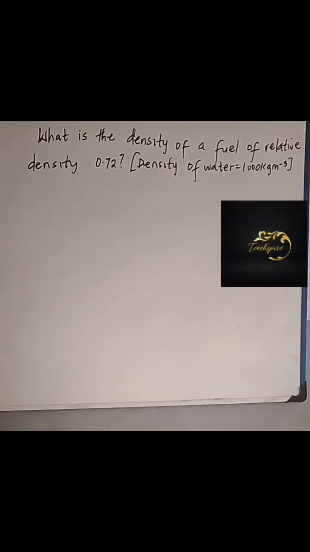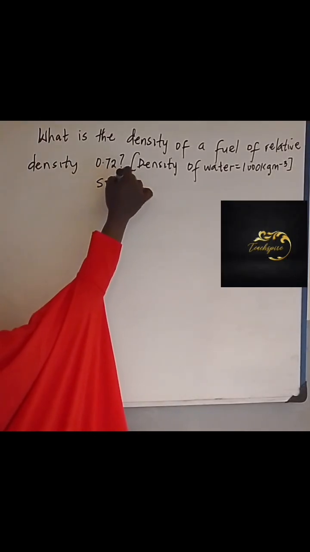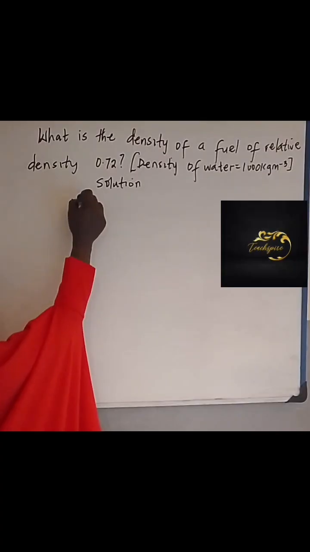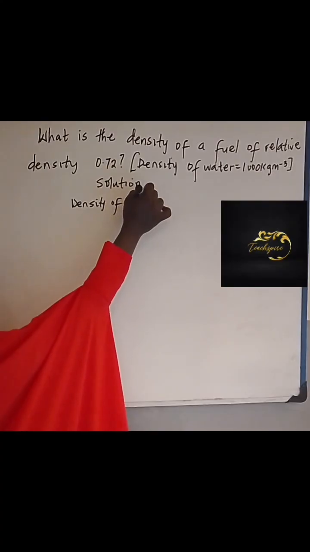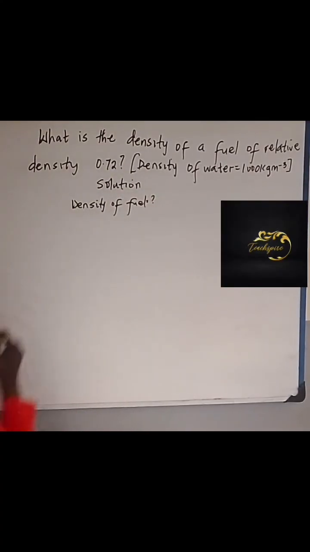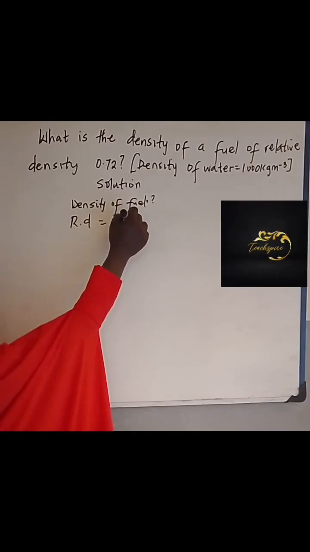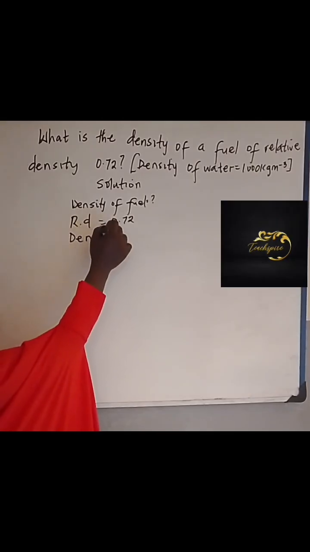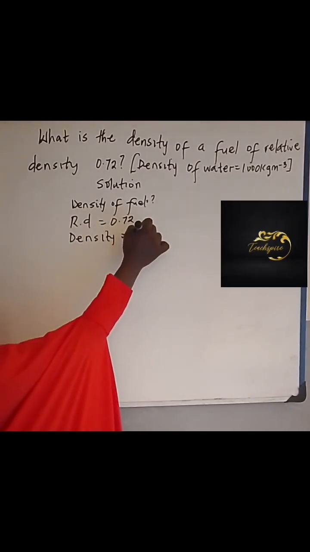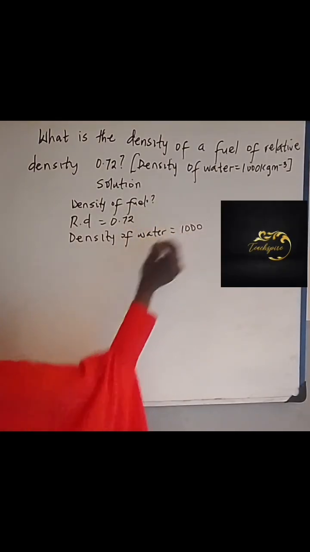What is the density of a fuel? We're asked to find the density of the fuel. We are given the relative density to be 0.72, and the density of water as 1000.